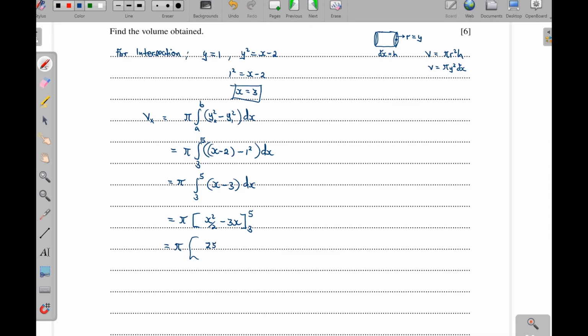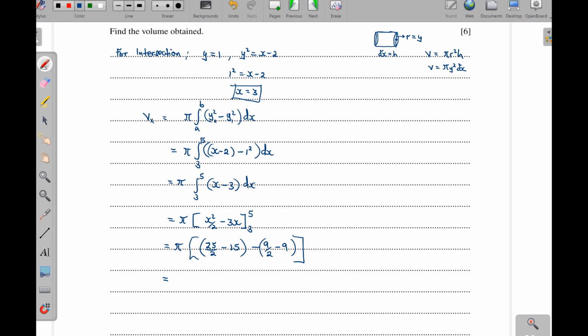Let me just write 25, then out of 2, minus 3 times 5, that will be 15. Then to go to the lower limit, you put a minus, so 3, put it here, that will be 9 over 2, and then 3 times 3, that one will be a 9, not so. And by the way, it is a minus 9, so the whole of this is in that bracket.